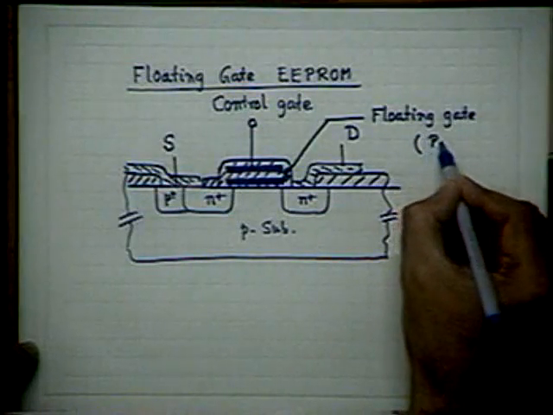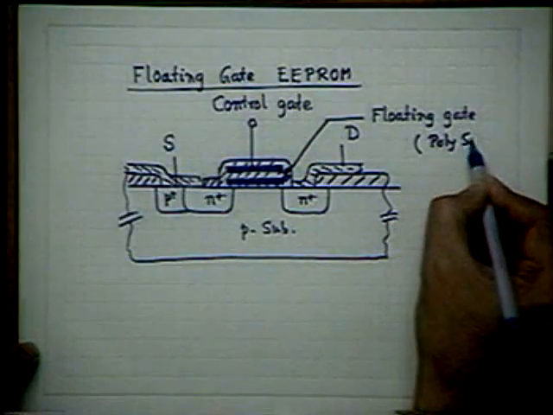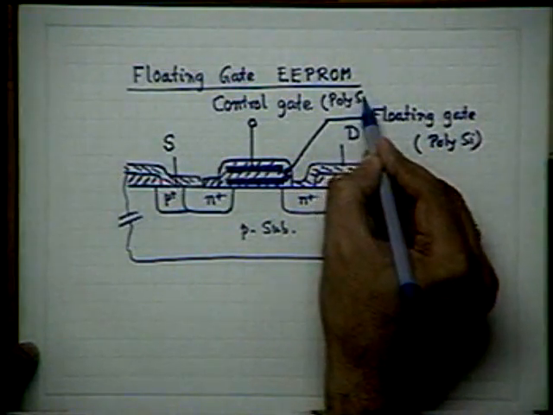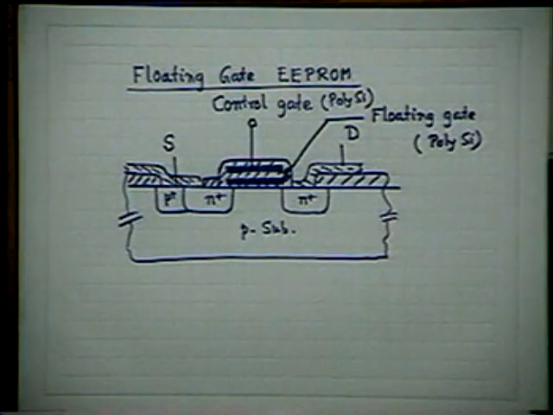Both the gates are usually polysilicon, usually N plus poly, but there may be variations. Heavily doped poly, both the gates are.